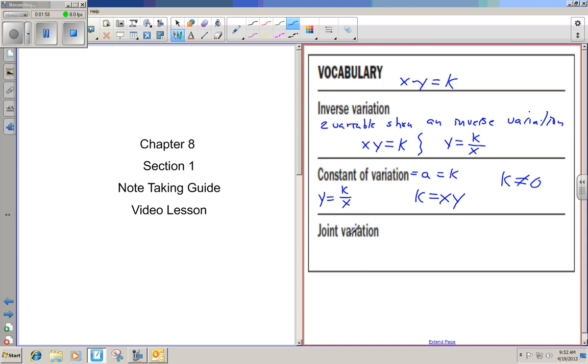Joint variation. A joint variation is when you have the product of, it's a direct variation. So way back in a previous chapter, we talked about direct variations looking like this, Kx. With a direct variation, it's the product of two or more quantities.